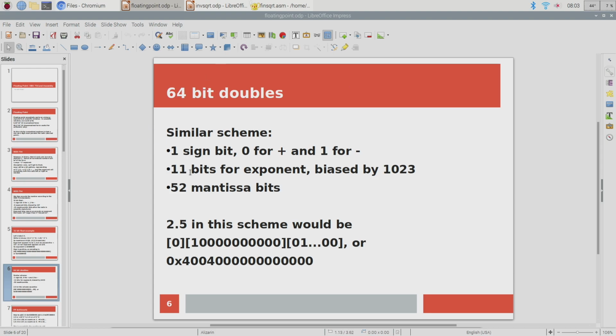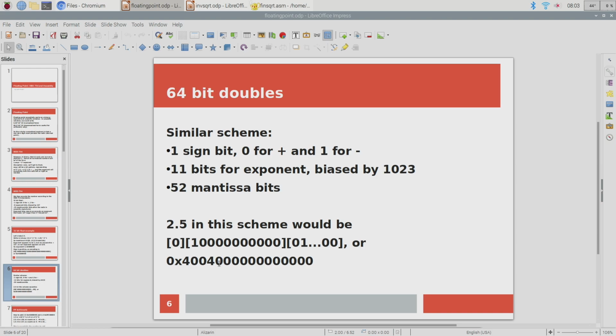11 exponent bits, biased by 1023, and then the remaining 52 mantissa bits. So the encodings end up working, and this is one of the nice parts about the bias.